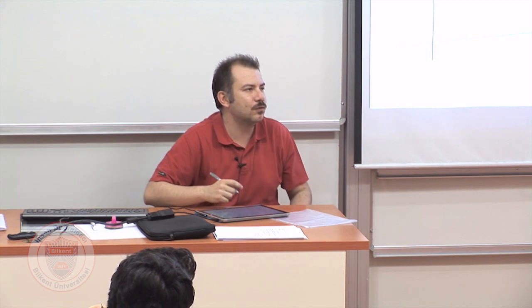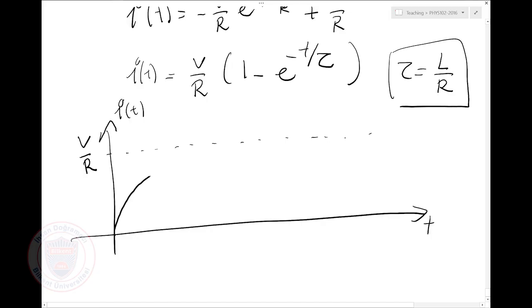Because of the presence of the inductor, it will go there smoothly. And this curve is pretty much like the charging of a capacitor, right? However, now I have a new time constant. My time constant for the LR circuit is apparently tau.